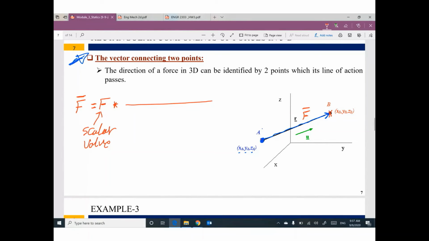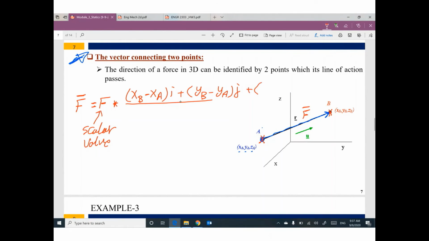This force is going from A to B. So x coordinate of B minus x coordinate of A, i. Y coordinate of B minus y coordinate of A, j.